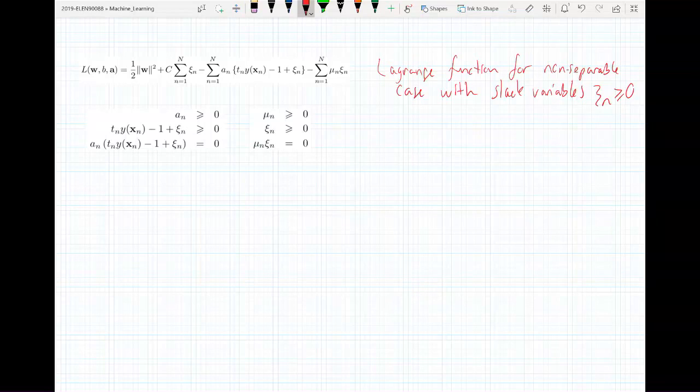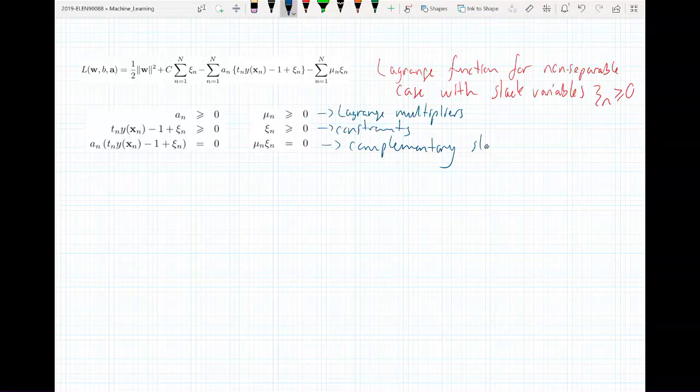And then these are the constraints themselves. Maybe a different color. This row is the Lagrange multipliers. They need to be non-negative because they correspond to inequality constraints, and then these are the complementary slackness conditions. But I haven't written the whole KKTs, right?